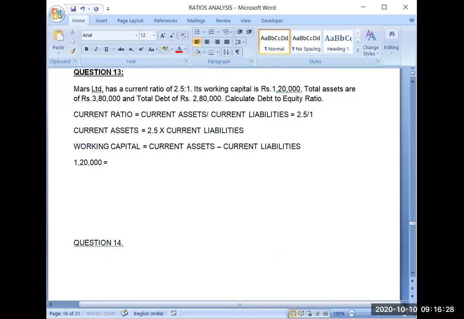I don't know the exact amount of current assets, but I can say current assets is 2.5 current liabilities from this equation. So I will put this value here: 2.5 current liabilities minus current liabilities.